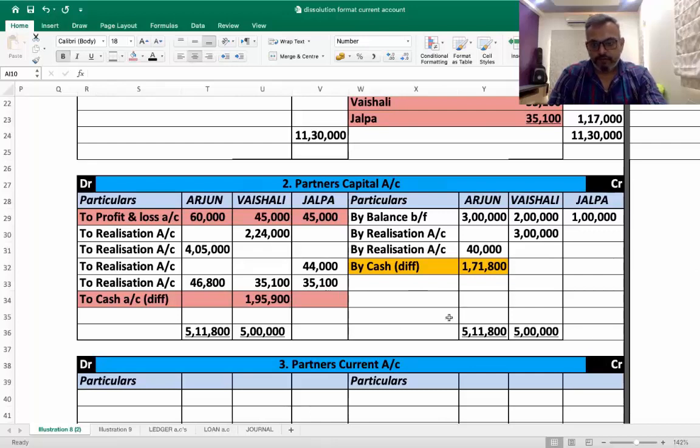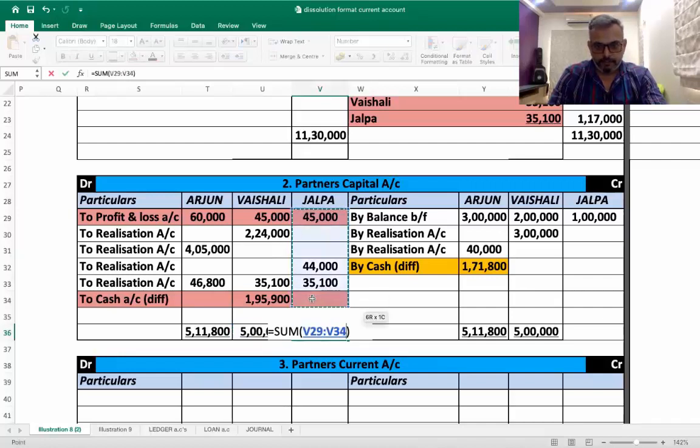what happens to Jalpa. Jalpa debit side total is 1,24,000, credit side is 1 lakh. So we do the total of Jalpa: 1,24,100. Same we write over here.